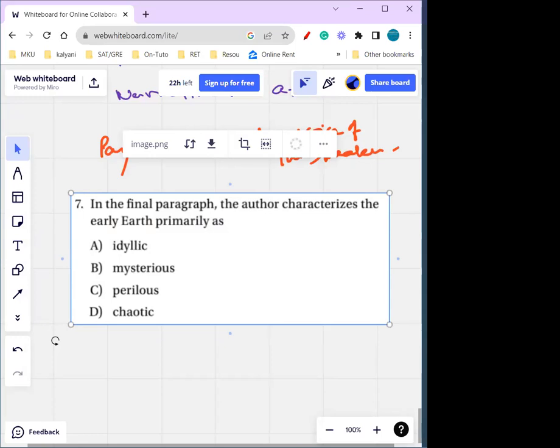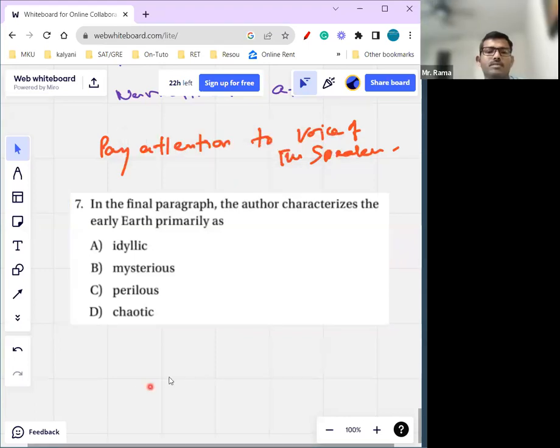In the final paragraph, the author characterizes early Earth primarily as... So in the first or second exercise we did one of them, and it says in the paragraph, the author characterizes the early Earth primarily as.